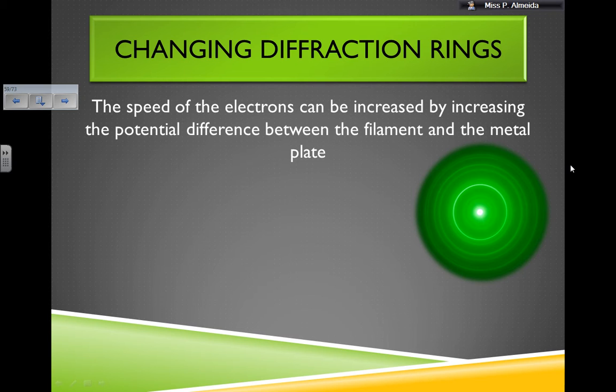Now, I can change the speed of my electrons. I can change the speed of the electrons by changing the potential difference. So if I increase the potential difference, I increase the speed that my electrons are going to pass through the hole.